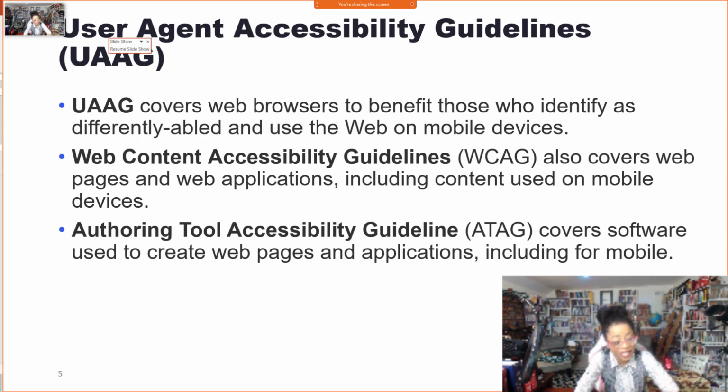And ATAG, the Authoring Tool Accessibility Guideline, covers software used to create web pages and applications, including mobile. So tomorrow I will go into a little bit more detail about ATAG.